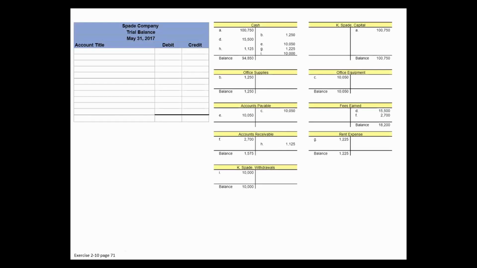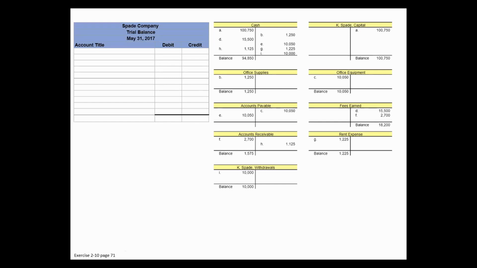So after recording the transactions in exercise 2.9 in T accounts and calculating a balance for each account, we'll prepare the trial balance. We'll use May the 31st of 2017 as the report date. We're going to take the information that we just did.